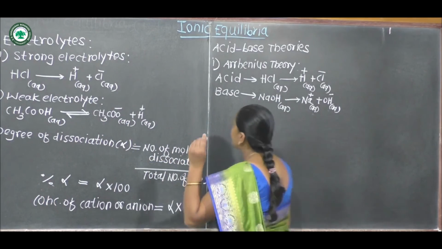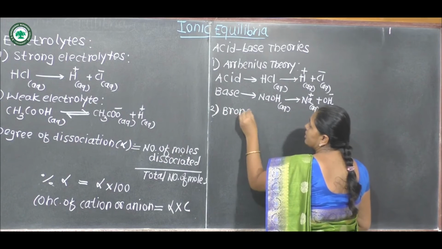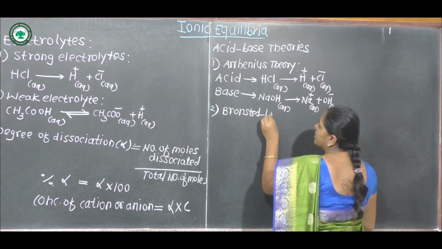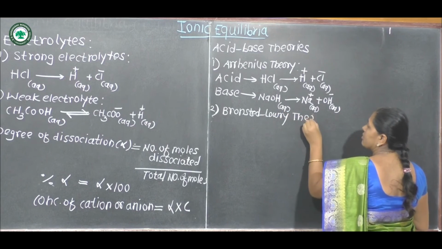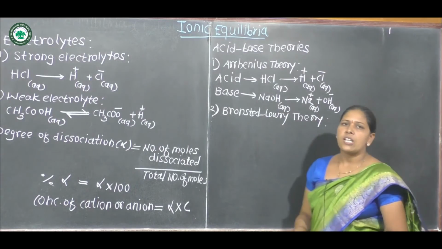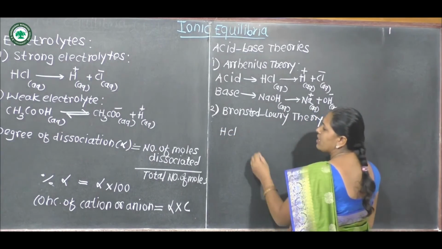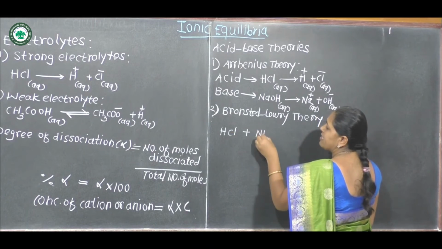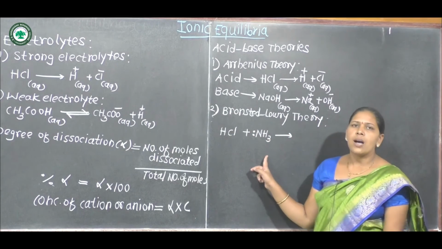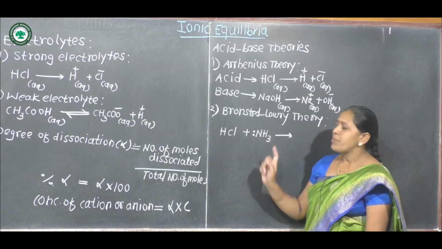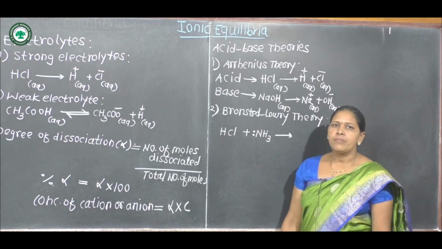Second theory, which is most important in NEET and JEE, that is the Bronsted-Lowry theory. For example, we know HCl and NH3. NH3 is ammonia, and the nitrogen present in ammonia has a lone pair of electrons.